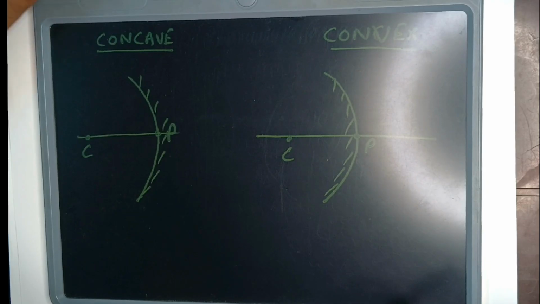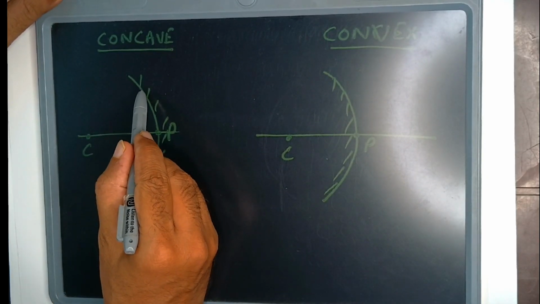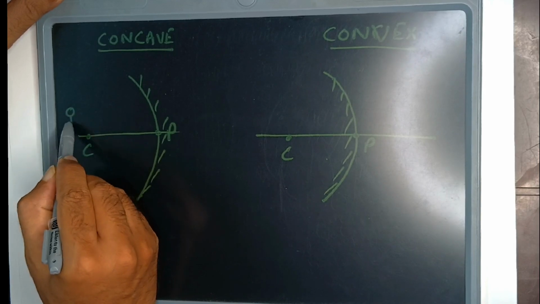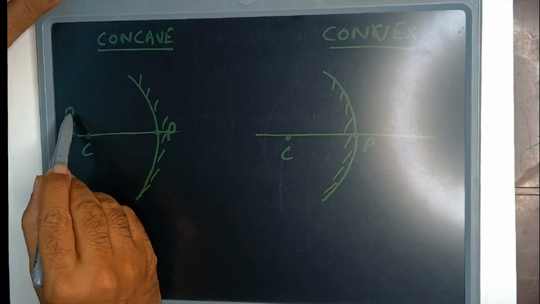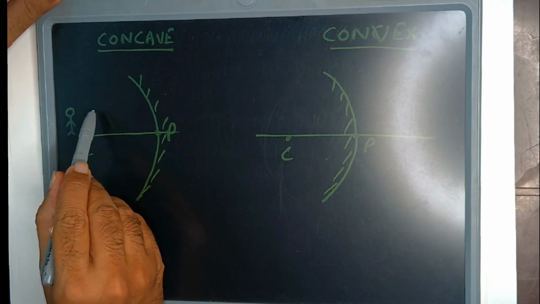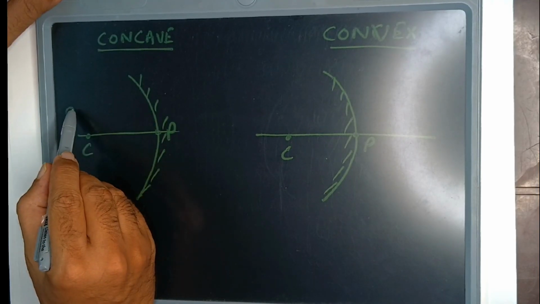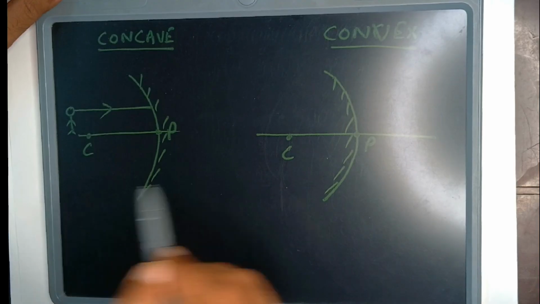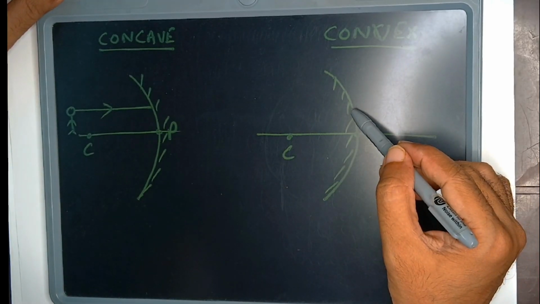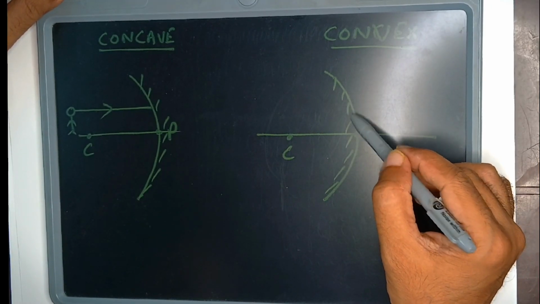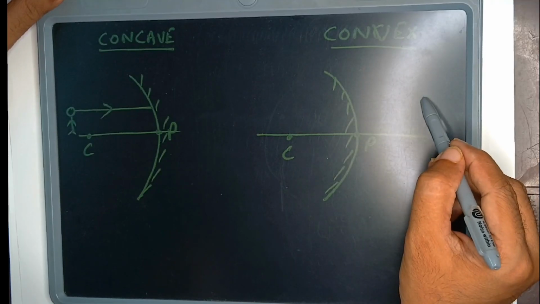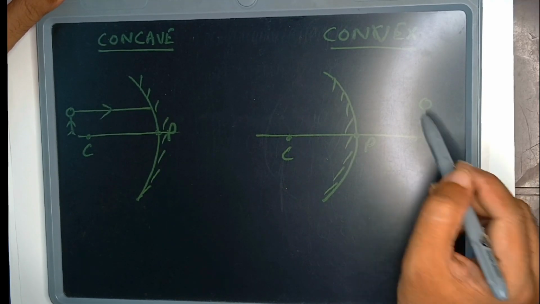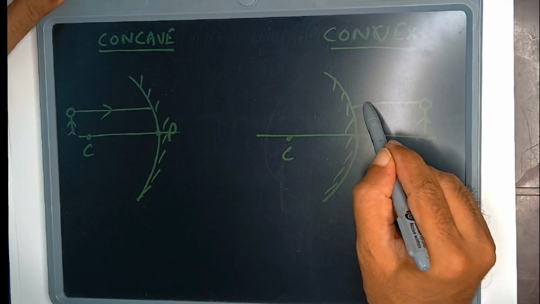Now, as we know, if the reflecting surface is on the inner side, the object would stand somewhere here. And wherever the object is, from there the incident ray will traverse. That means from the object, the incident ray will traverse this side. For a convex mirror, the reflecting side is this side, so the object would stand somewhere here, and the incident ray of light would traverse this way.